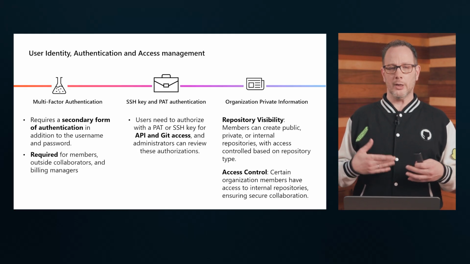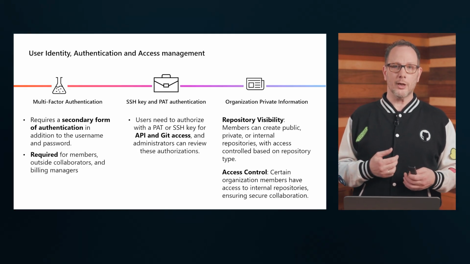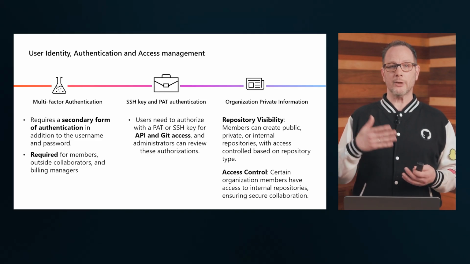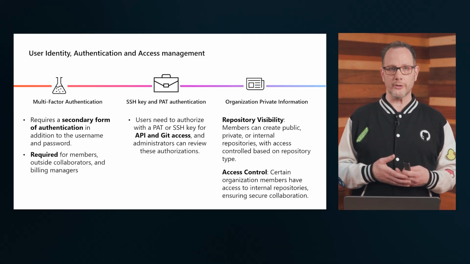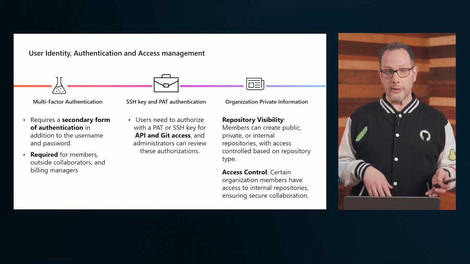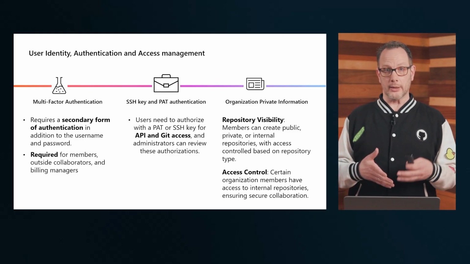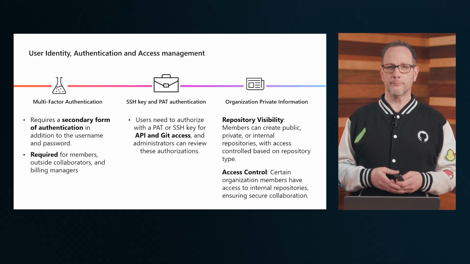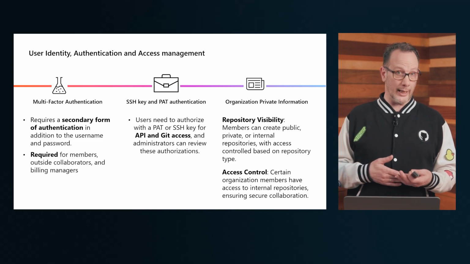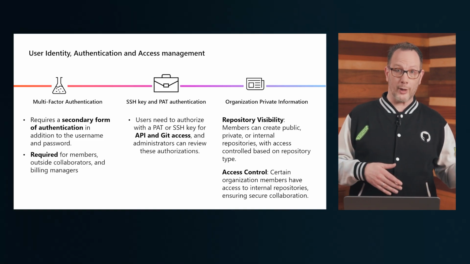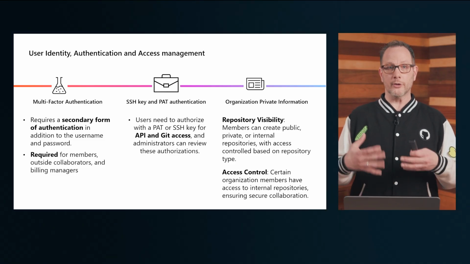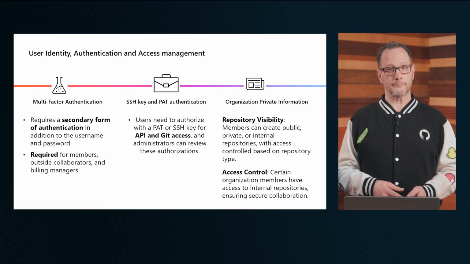MFA, for example, adds a critical extra layer of protecting your passwords. SSH keys and personal access tokens control how users interact with Git and with APIs, and these can be audited or revoked as needed. And again, remember, we also talked about repository access using public or private visibility, as well as the identification of collaborators and corresponding permissions.